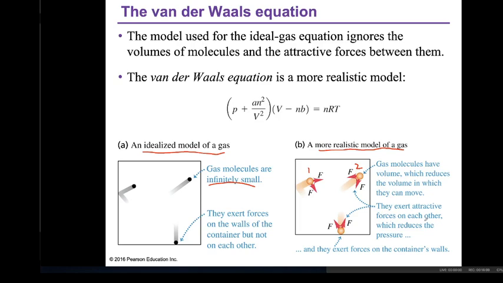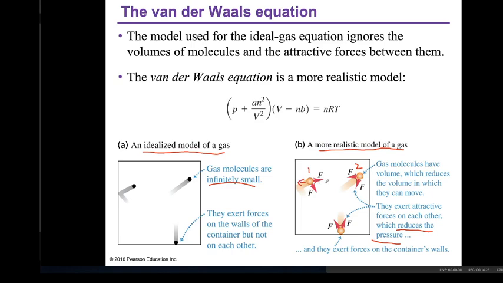Due to the attractive force, the pressure is reduced. You can imagine that when molecules attract each other, when they hit the wall it's not as strong as without the molecular attractions. When there are no attractions, the molecule can hit the wall strongly.